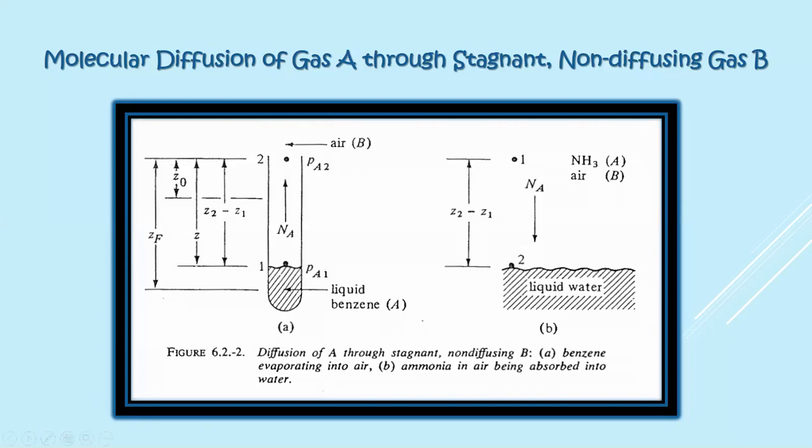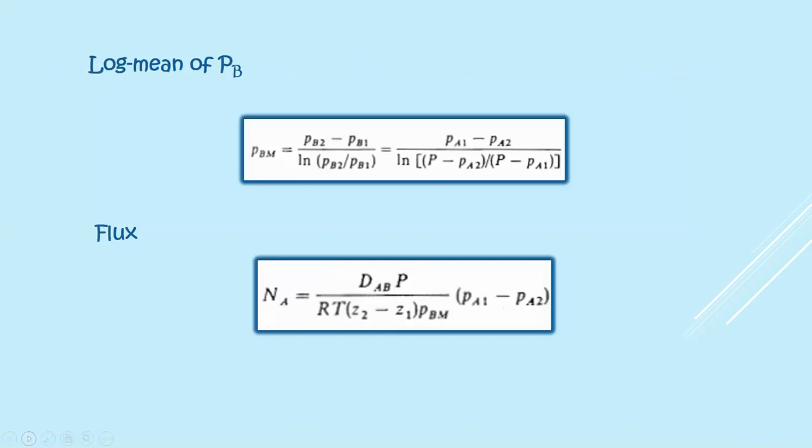And for this particular problem, you need to determine the log mean of the partial pressure of the non-stagnant component B. The log mean of the partial pressure of the non-stagnant component B. And this is the formula for that. And then the flux will be computed. This is already pre-derived based on this particular formula.